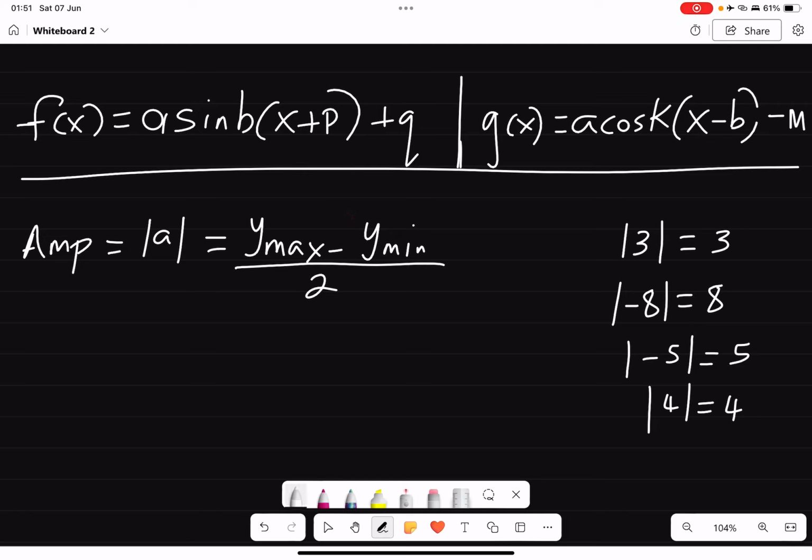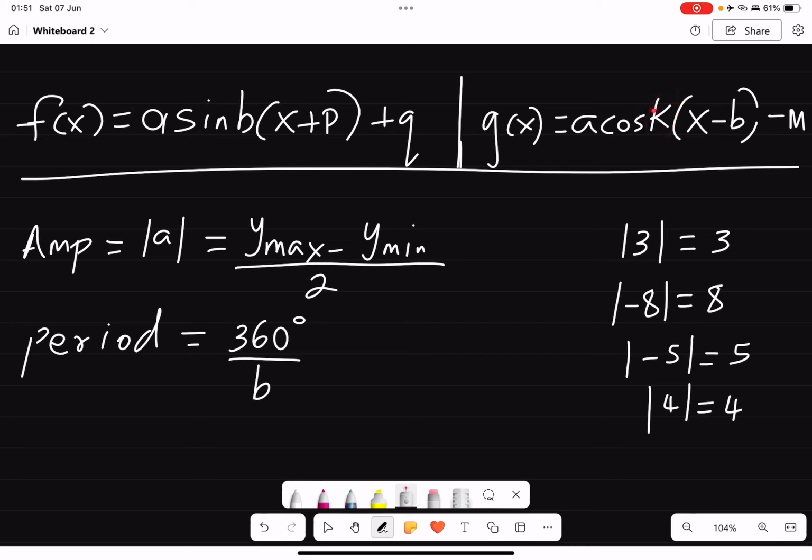Secondly, we need to know how to get the period. The period of a sine or a cos graph will always be given by 360 over b, where b is the number just before the x. In this case, it's going to be k.